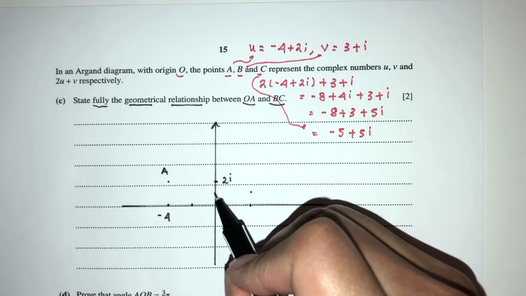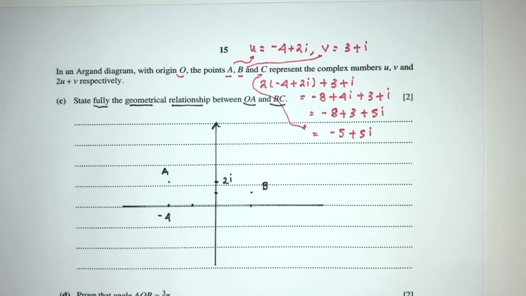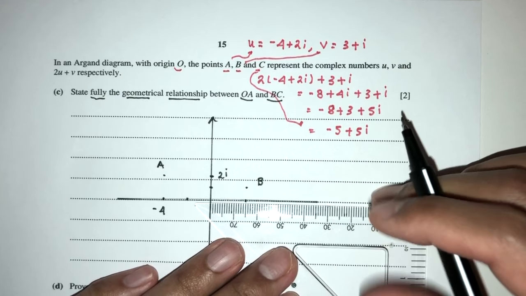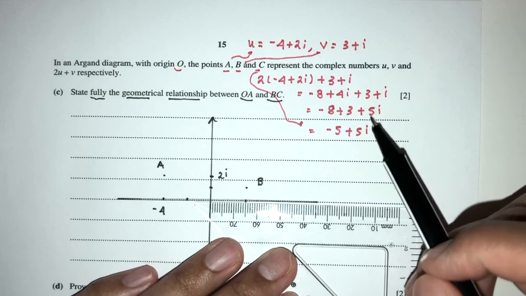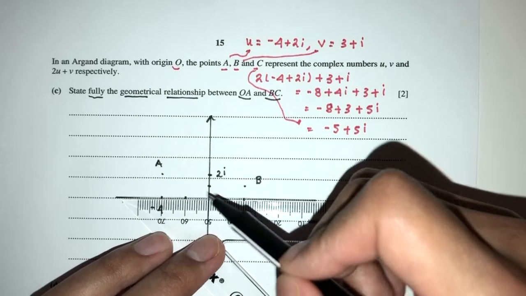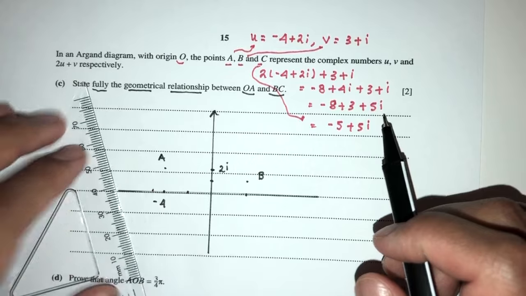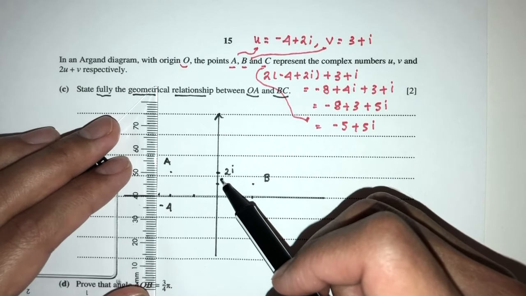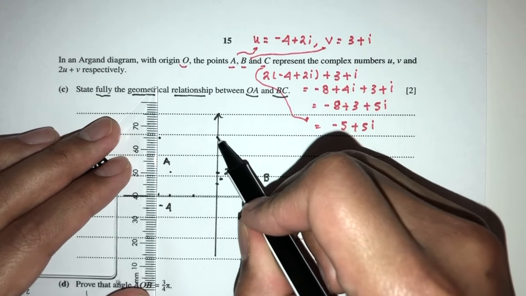That will be i right here. That's point B. Now point C is minus 5 plus 5i, sorry about that. So minus 5 is here, and 5i will be what? Somewhere over here, that will be 5i.